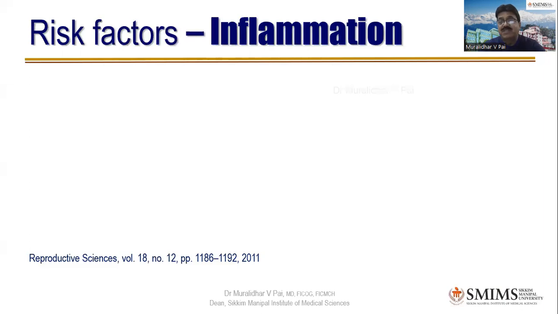The next is inflammation. In fact, I teach undergraduate students that there are only 4 problems in gynecology, and there are only 4 symptoms in gynecology, and there are only 4 problems on earth. I will teach some other day. It is so easy. There's nothing more.